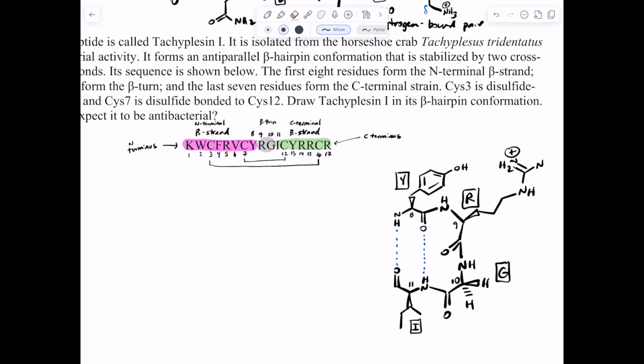All right, I don't like that arginine side chain, so I'm trying again. Yuck. All right, questions so far? These two are the beta turn.